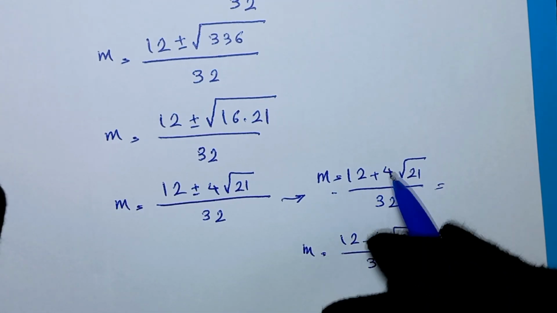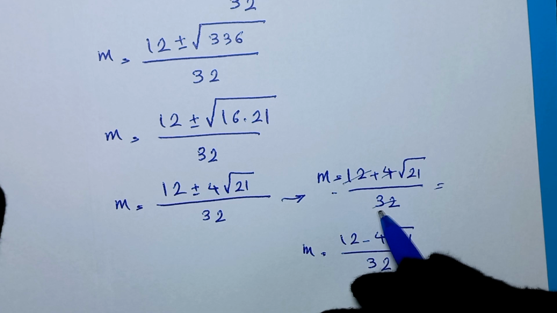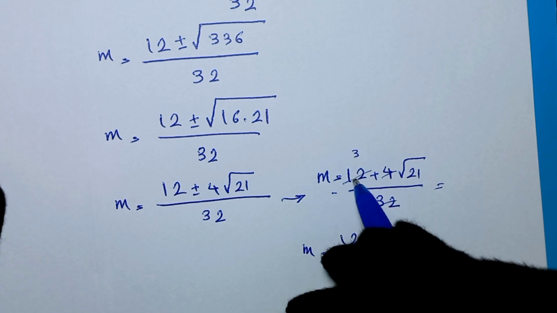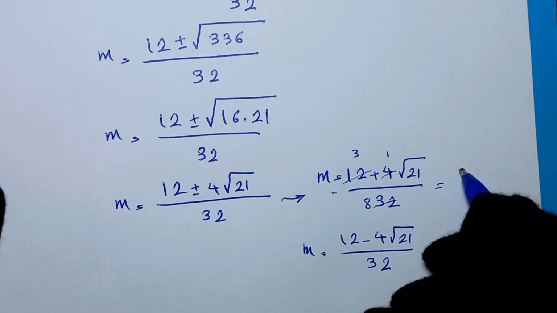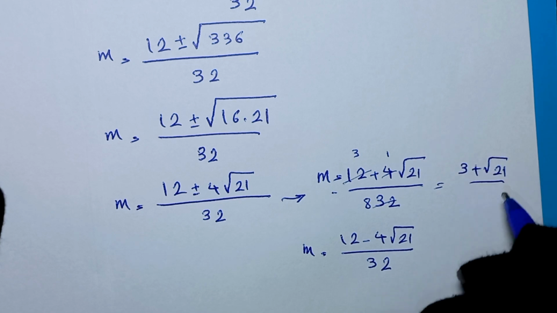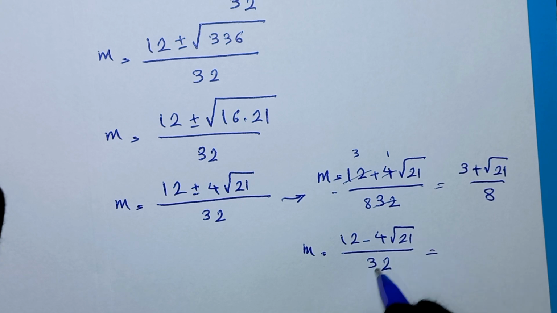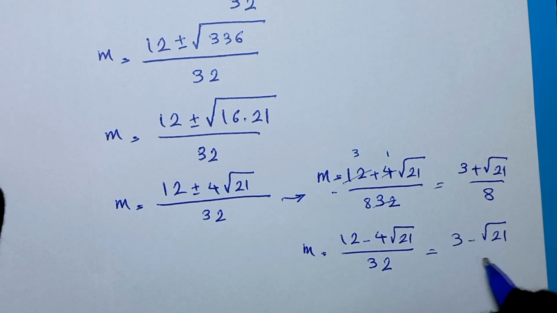And we can simplify this and this and this by 4, so it will be this by 4 is 3, this by 4 is 1, and this by 4 is 8, so it will be 3 plus square root of 21 over 8. And also we can simplify this, and it will be 3 minus square root of 21 over 8.